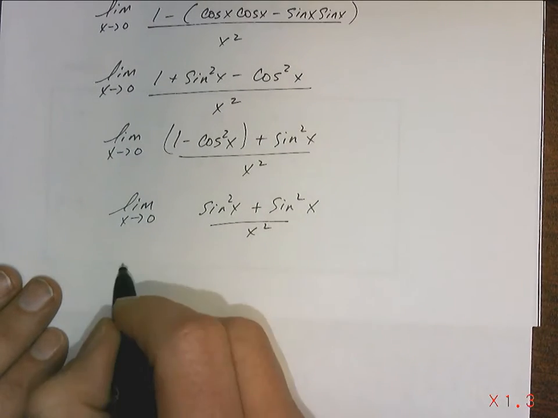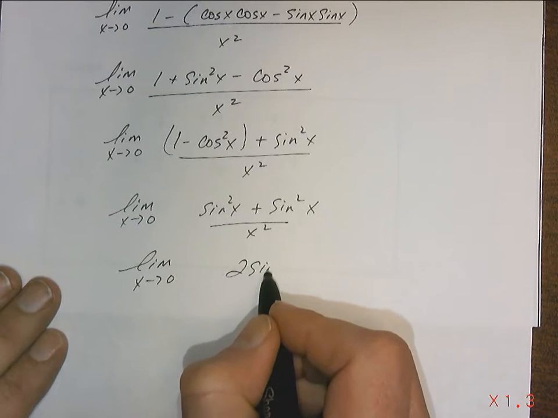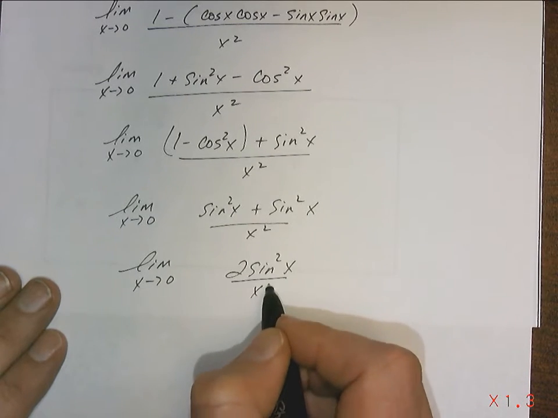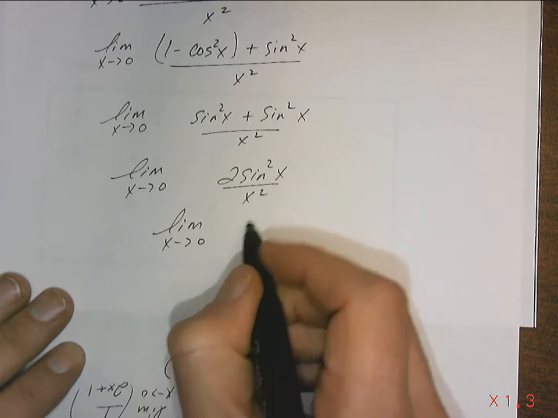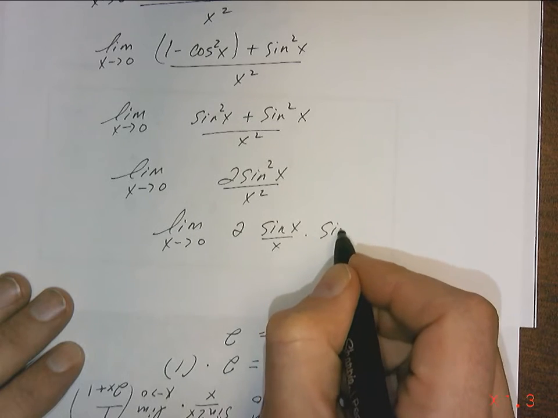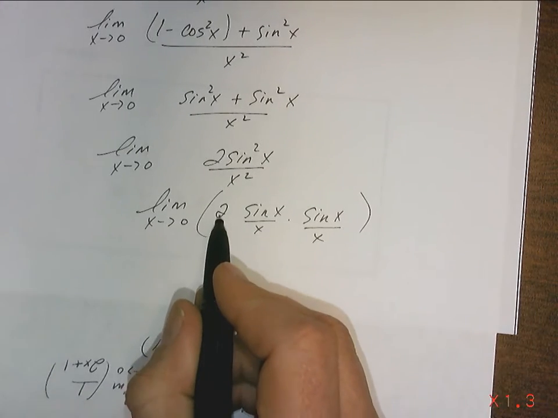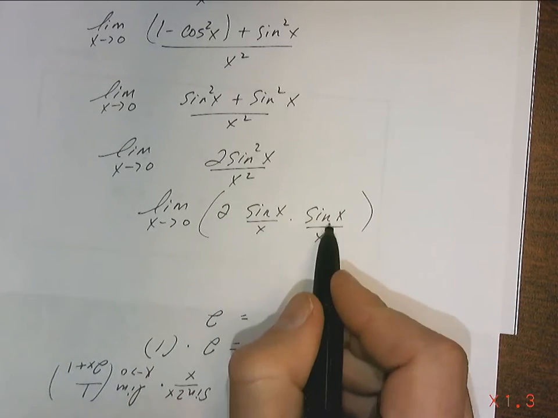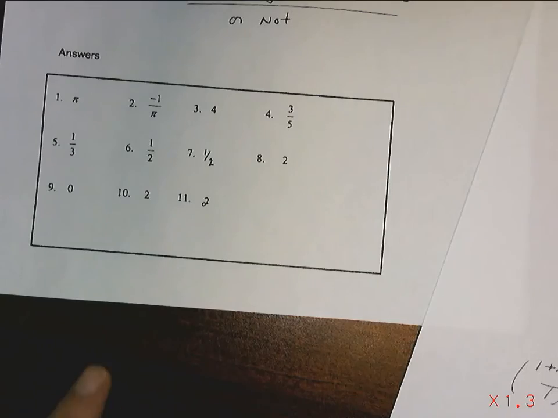That we know is going to equal 2 sine squared x over x squared, which will be the limit as x approaches 0 of 2 sine x over x times sine x over x. Limit of 2 is just going to be 2. That'll go to 1. That'll go to 1. Answer should be 2. Let's check.